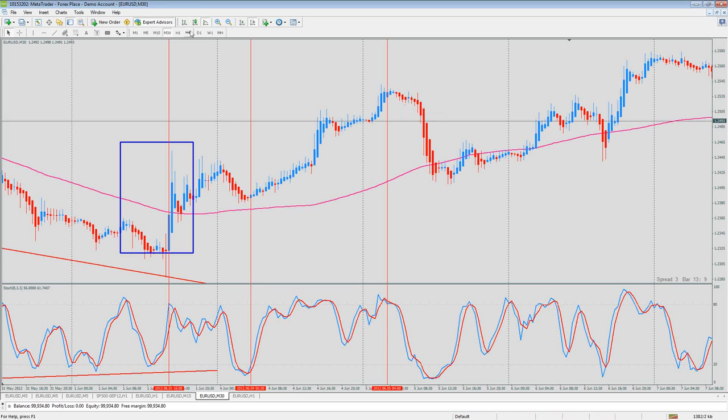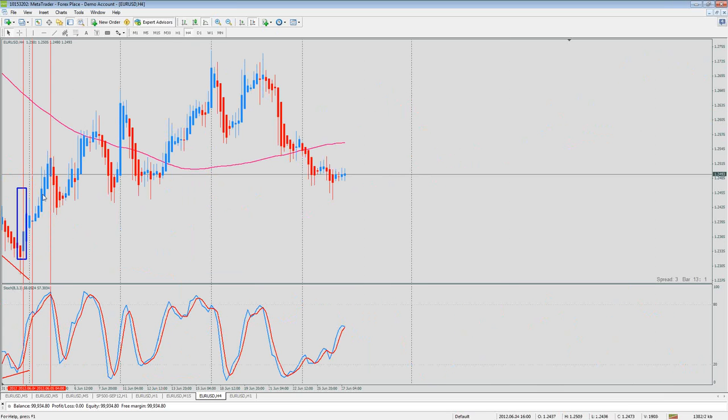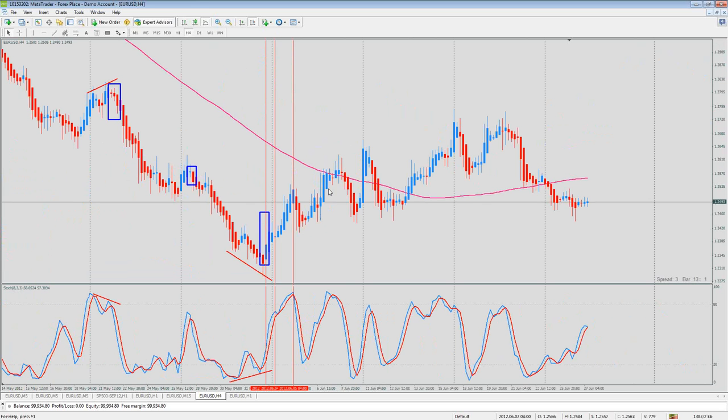So after that, you would probably refrain from looking for long trades until the candles turn blue again. So you would probably wait a few more days, and then you can start looking for long trades again.